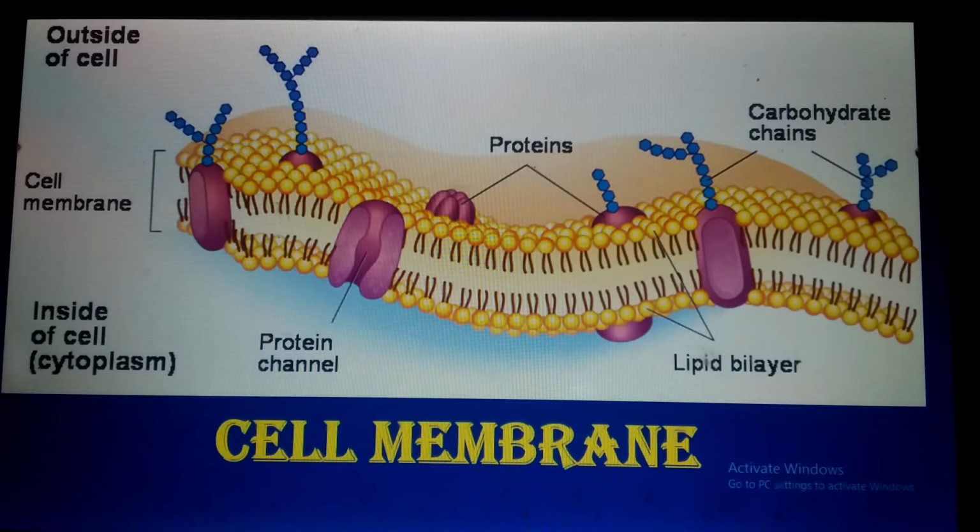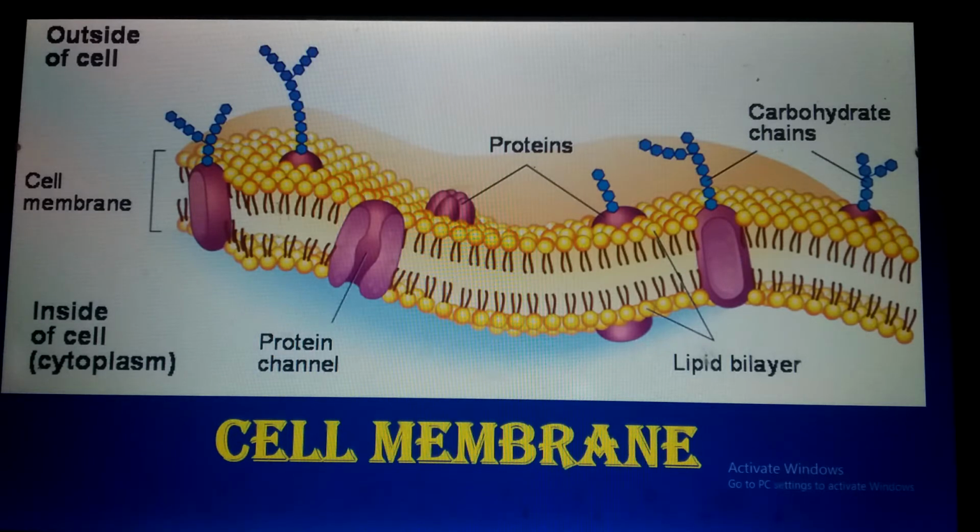So now I'm going to start my lecture about the cell membrane. This is very interesting. The cell membrane, as you know, is present in almost all plant, animal, and prokaryotic cells. In plant and animal cells, it is the outermost boundary, and in plant cells it is present next to the cell wall.